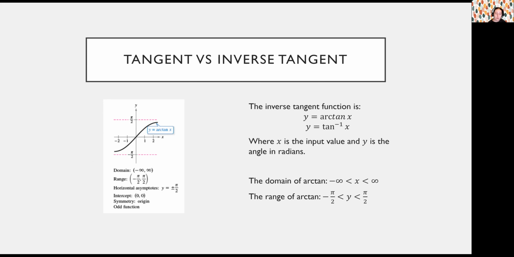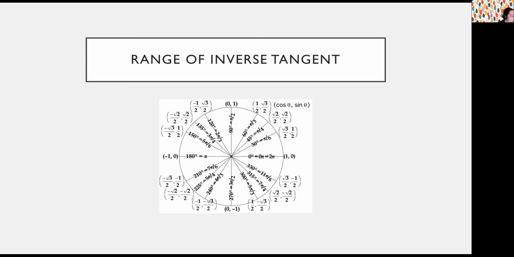But we have asymptotes, so we can't actually get values of negative pi over 2 and pi over 2. So just keep that in mind, because those are where the asymptotes are. So the endpoints are not included here. When I graph, what I really should do is not even put a line there and just put a little bit of gap there to show that those endpoints are not included, but anything else is included there.